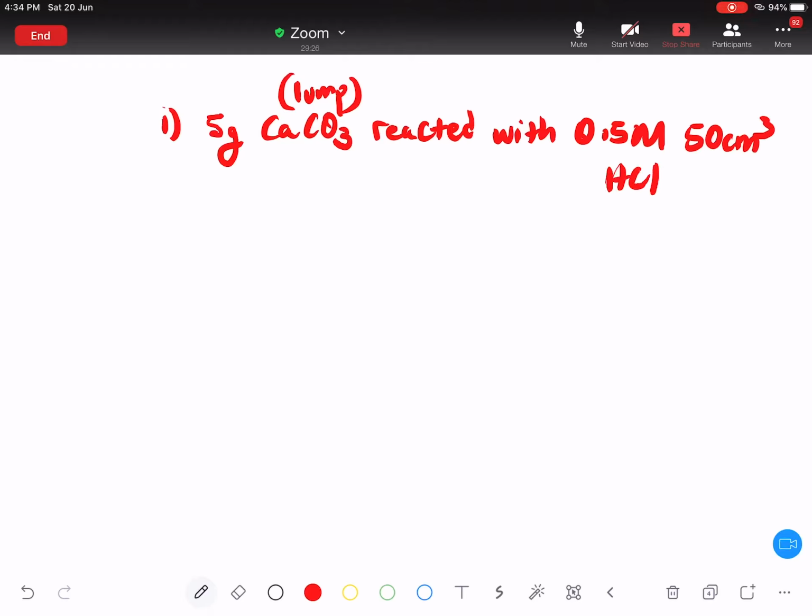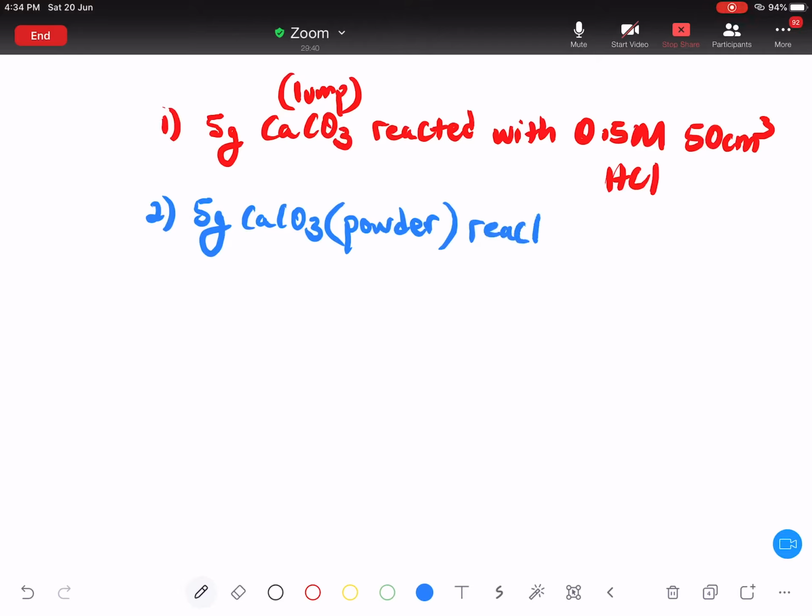The second experiment is the same: 5 gram calcium carbonate powder reacted with 0.5 molar 50 cm cubic HCl. Guys, I want you to draw the graph for this. Draw now, two graphs in one. Do it, Noah. Draw now.